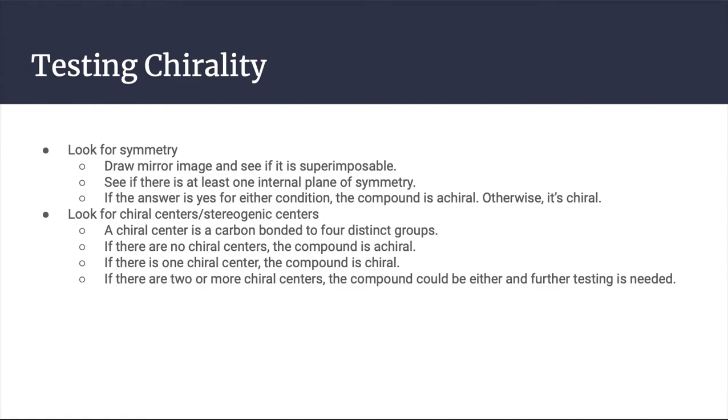Now that we've got the definitions down, we're going to start doing some testing for chirality. There are two ways you can test for chirality.